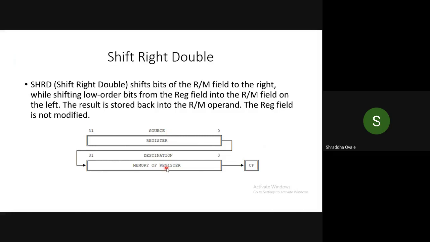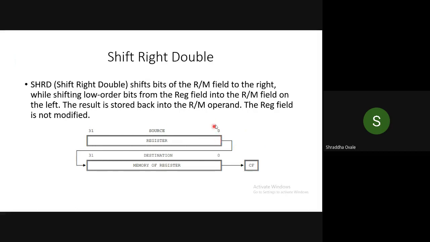Fine. Now you are going to shift the bits either of the register or of the memory field to the right, because it is a shift right double. You're going to shift to the right while shifting the low order bits. Low order means what? See, this is your low order.